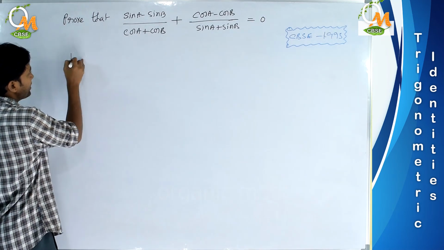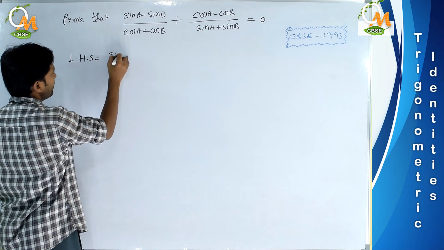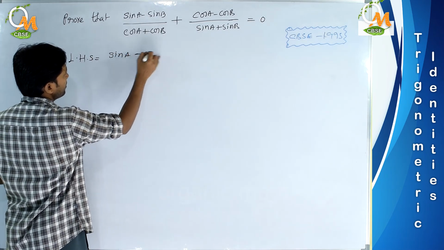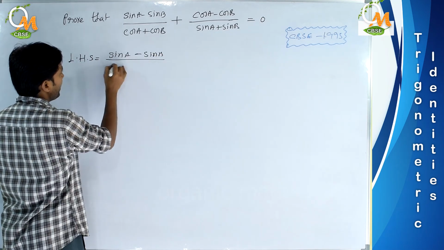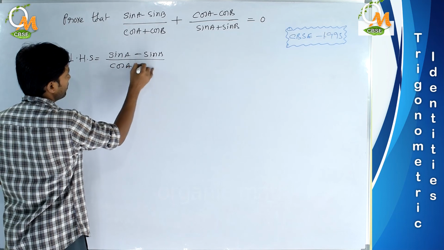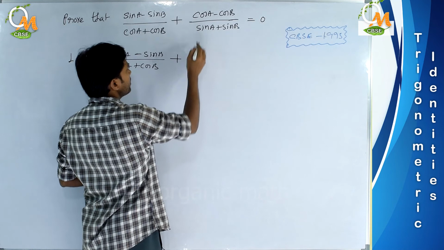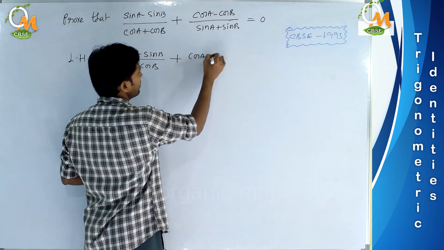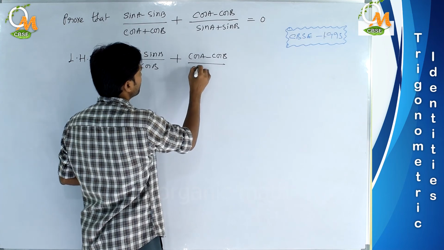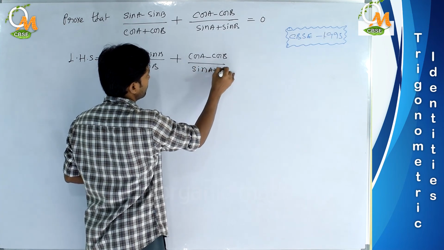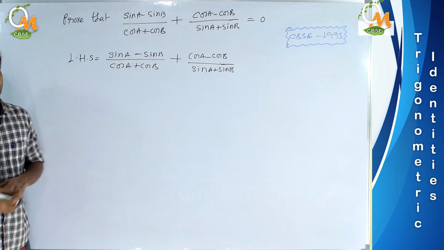Now take the LHS first. What is the LHS part? Sin A minus sin B upon cos A plus cos B, plus here this would be cos A minus cos B by sin A plus sin B. So this is the LHS given to you.